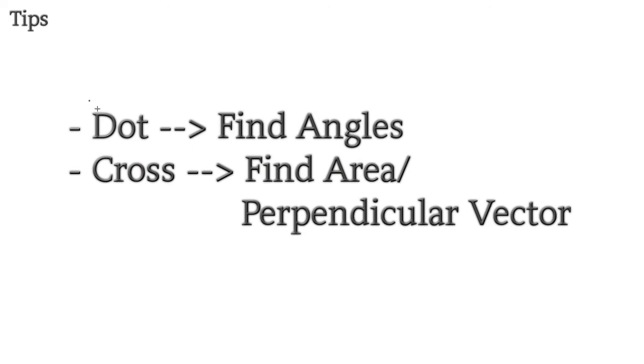But one thing you need to know for sure: do not dot a scalar with a vector or cross a scalar with a vector. Both manipulations must be done between vectors, and a scalar cannot be involved.